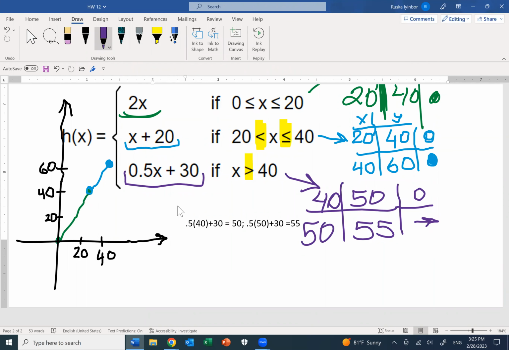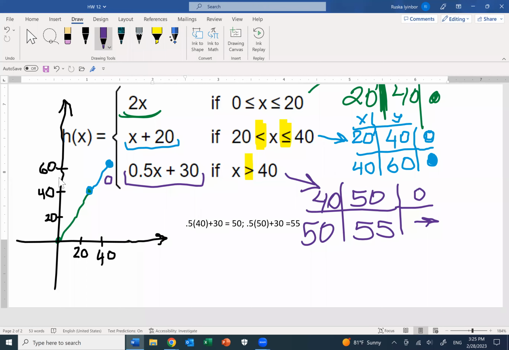So we have 40, 50. So 40 and 50 is going to be open over here somewhere. I don't know exactly where it's going to be, but somewhere here, right below 50, below this point. So it's going to be down here somewhere.